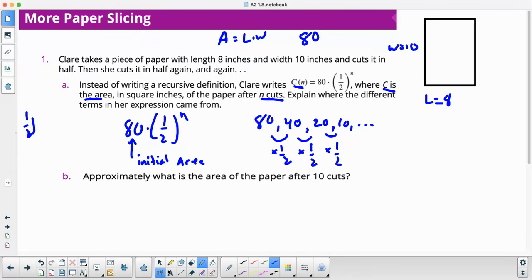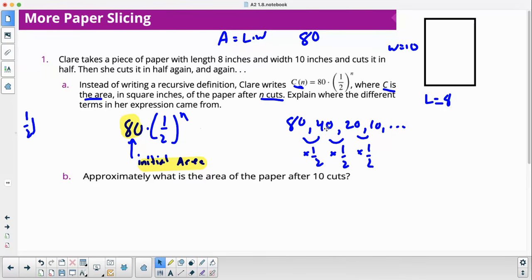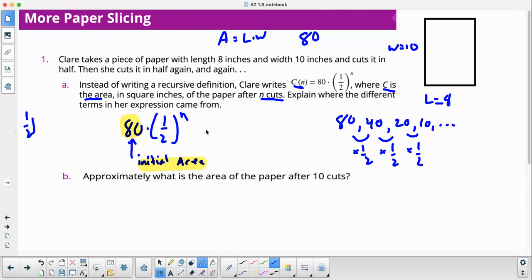Let's get a highlighter here. This 80 is our initial area. The 1/2 to the n comes from repeated multiplication of 1/2.